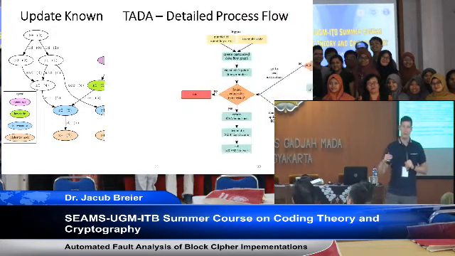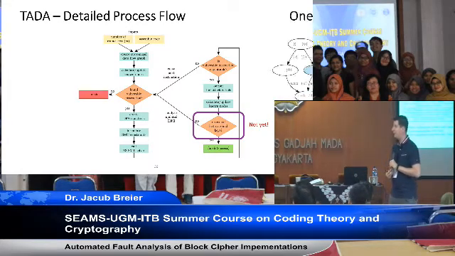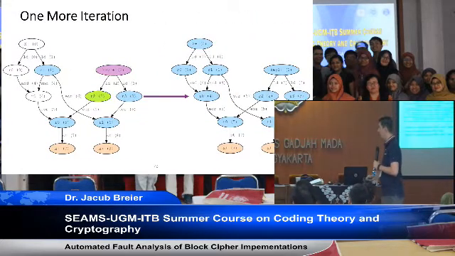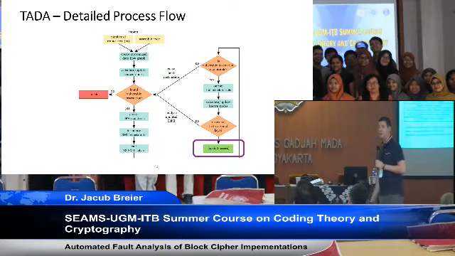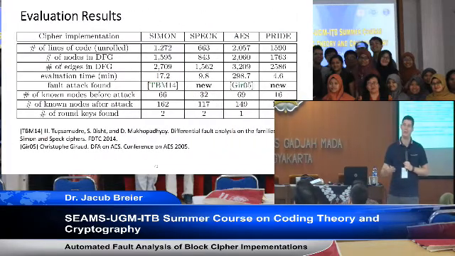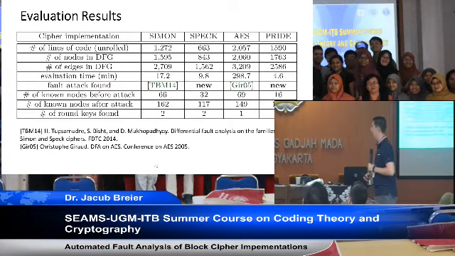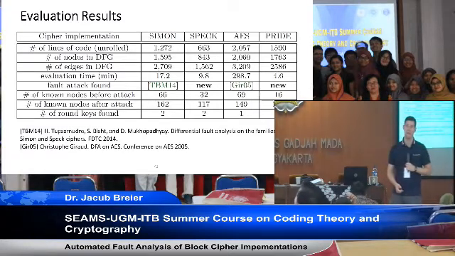So that was a very simple cipher, but of course we can run the same automated thing for full cipher implementations. In this slide, you can see what the results are.